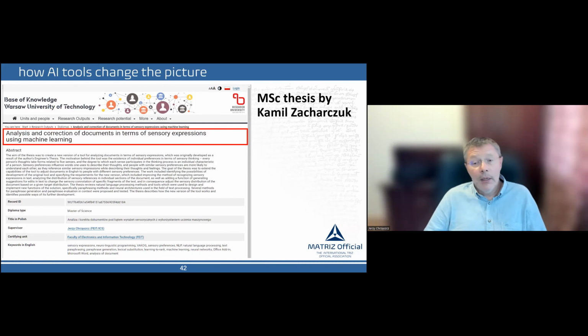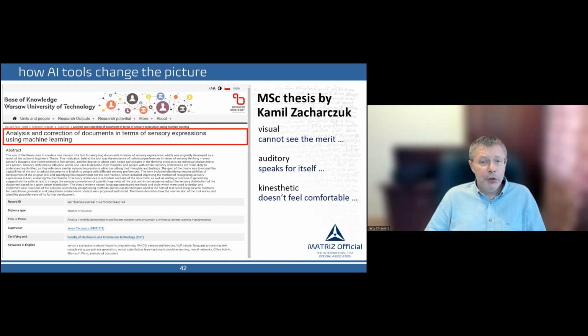What is important here, these sensory preferences are also reflected in the spoken and written language, which obviously affects comprehensibility of the message at the other side, I mean the recipient, with other preferences especially. And indeed, it may be that a visual person cannot see the merit, and a kinesthetic person doesn't feel comfortable with the idea, which on the other hand, speaks for itself for an auditory person.